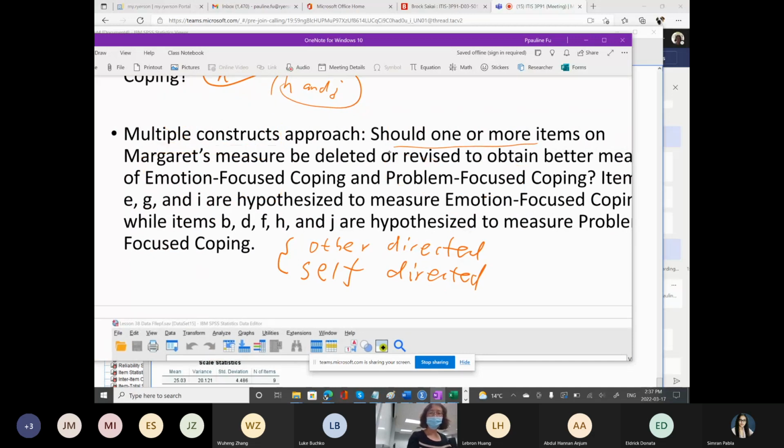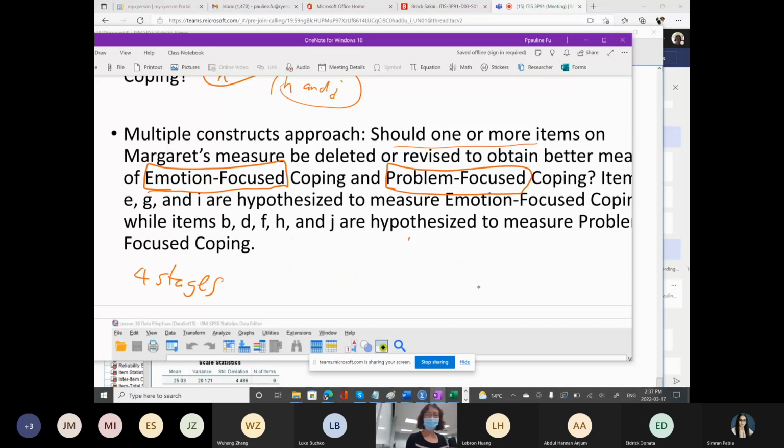For research question 2, we have 4 stages. Stage 1, stage 2, stage 3, stage 4, okay? And those 4 stages, suppose we have 2 constructs. One is emotion focused, the other is problem focused. Forget other directed, self-directed, this is in the later, okay?